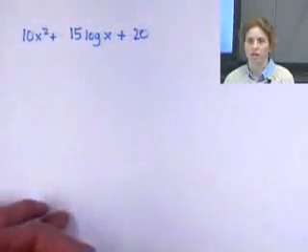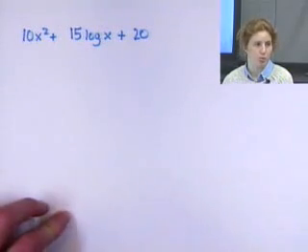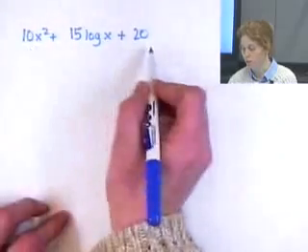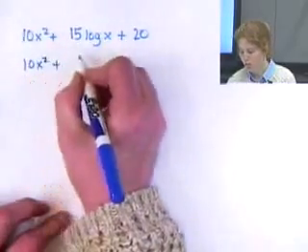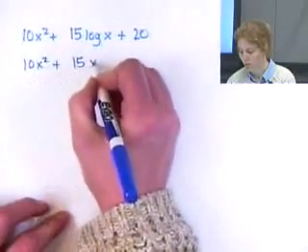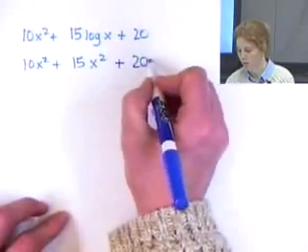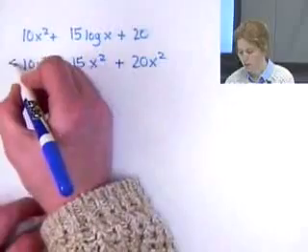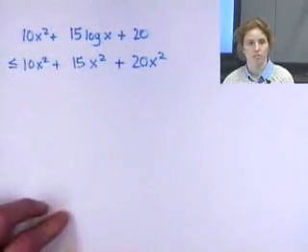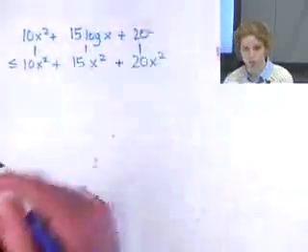Now if you want to do this in a nice, persistent manner so that you can actually prove that this is less than some constant times x squared, then what you could do is for every term replace it by, say this would be 10x squared. I replace this log x with x squared, because I know x squared is bigger than log x, and 1 I'll replace with x squared, because I know x squared is larger. So that sum is less than or equal to this one, right? Because each of these is either less than or equal to.